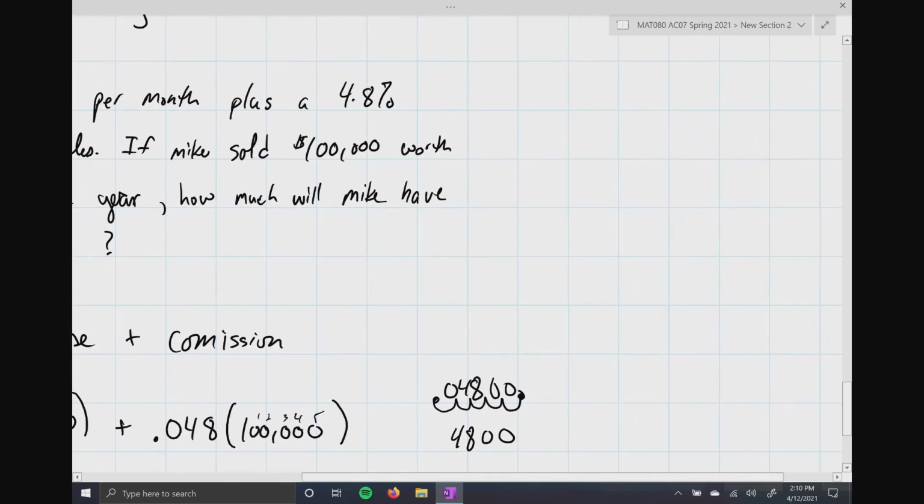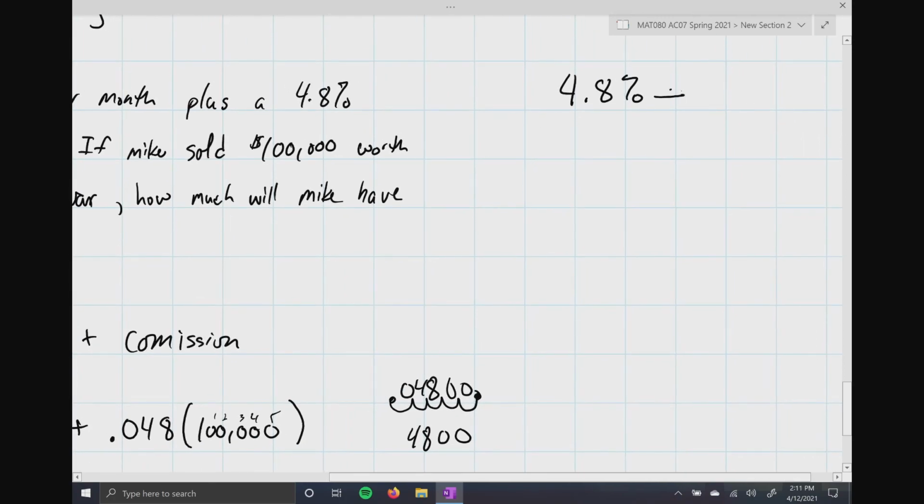Okay, so remember when we changed from a percent to a decimal, what we have to do is replace the percent symbol with the per 100. Do you agree there? Yeah. Okay, now, if we divide by 100, count the number of zeros, we move the decimal place to the left that many spots. So 4.8, 1, 2 spots. So you got to put a 0 there. So it'd be 0.048.